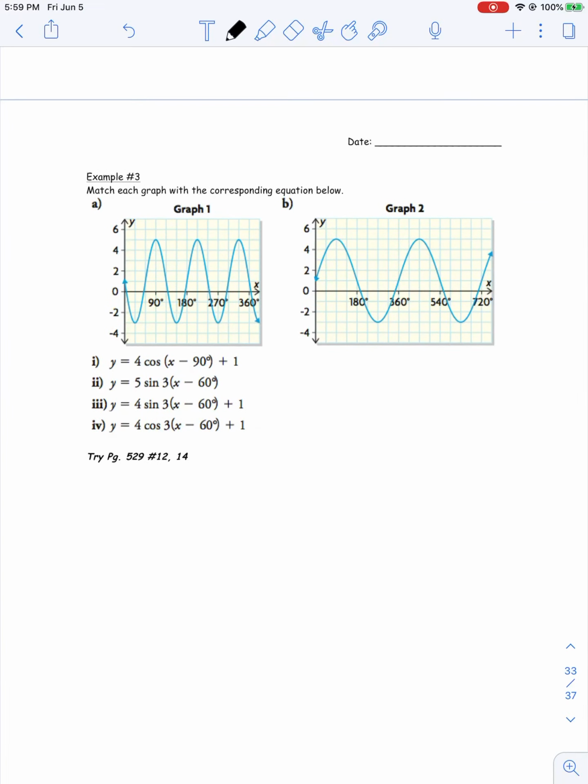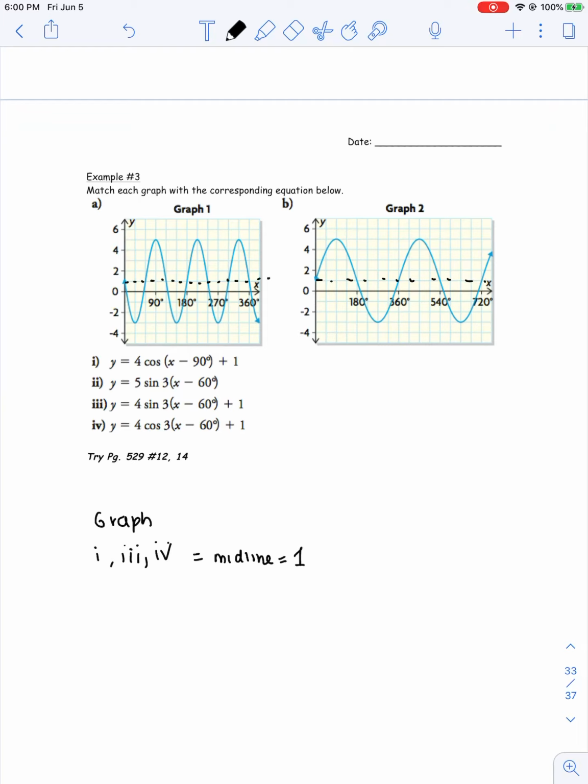Example number 3, they're asking us to match which equation matches the picture here. So what I'll do is I'll look at where the midline is. If you count, there are 4 blocks above and below, so our midline is at y equals 1. So as you can see, graph number 1 should be either 1, 3, or 4, because midline equals 1.